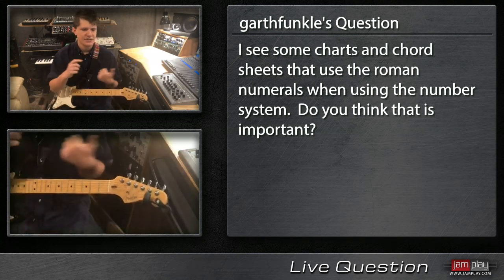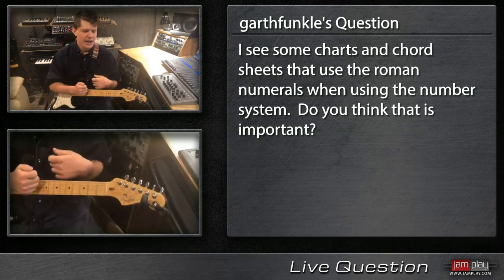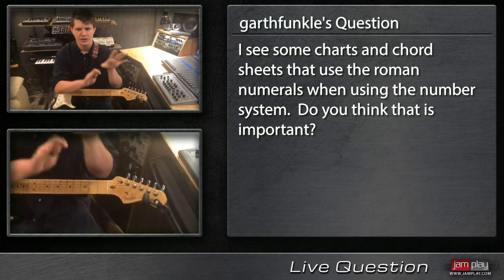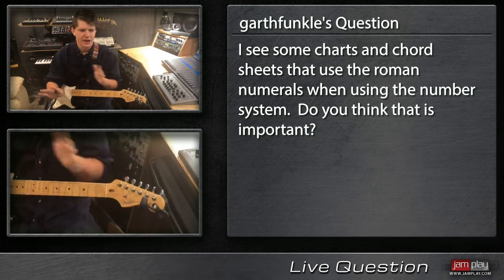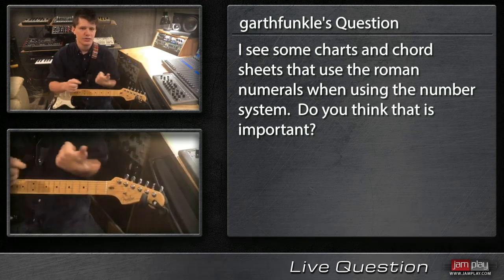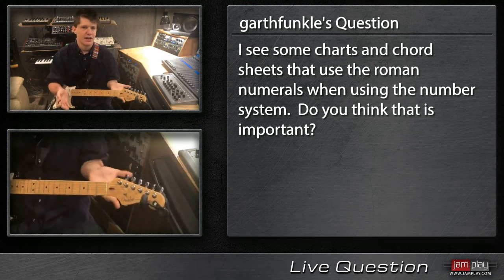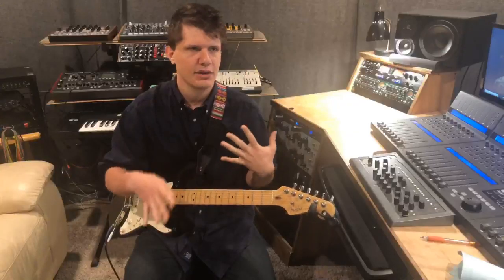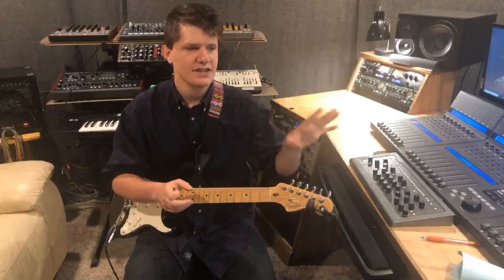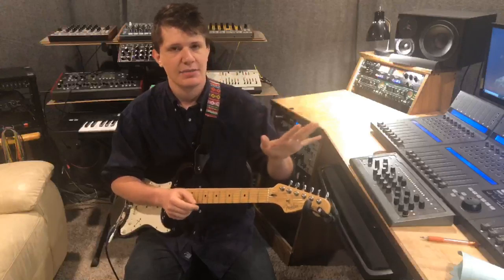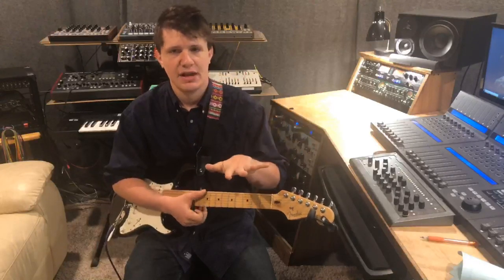It's saying, I have a 7-note diatonic scale, and I want to say that this is my 1 chord, my 2 chord, my 3 chord, my 4 chord, my 5 chord. What's nice about Roman numerals is you can capitalize and uncapitalize a Roman numeral, so it's easy in that regard to see that if it's capitalized, it's major, and if it's not capitalized, it's minor.